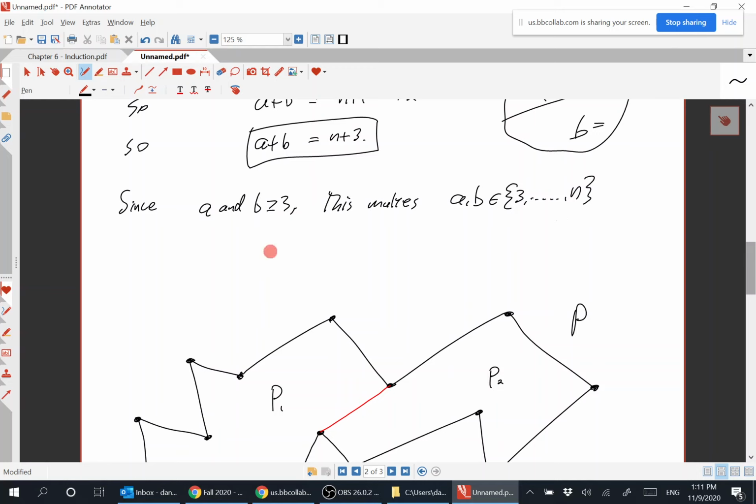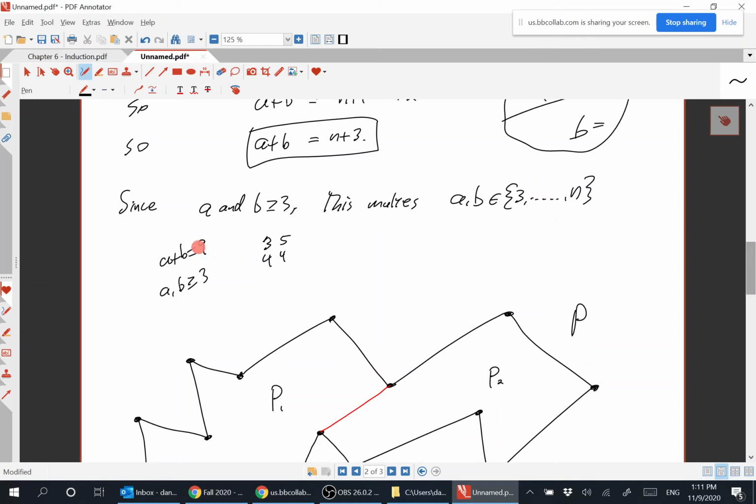Supposing A plus B was equal to 8 or something like that, right? If A plus B was equal to 8 and A and B are both bigger than or equal to 3, then the possibilities for A and B are what? 3 and 5, 4 and 4.